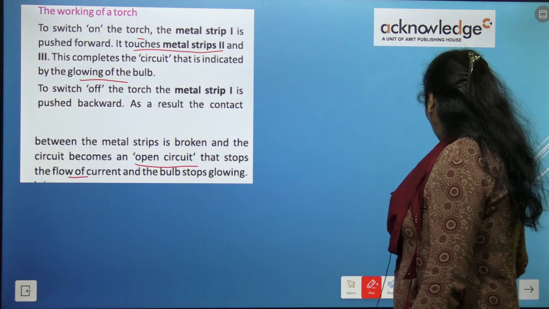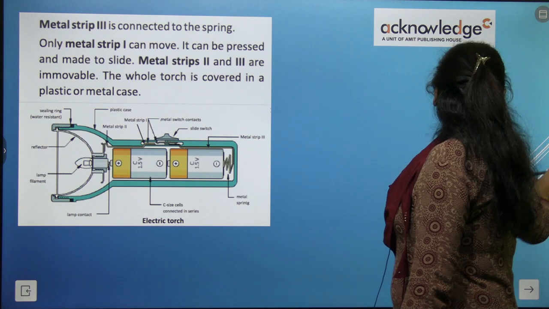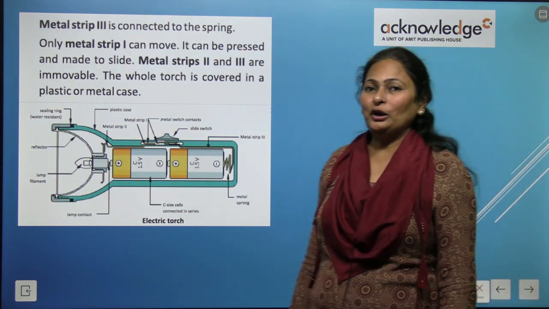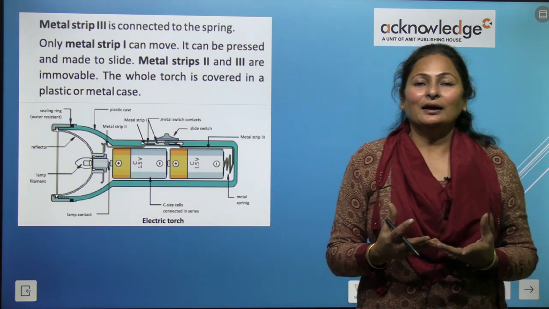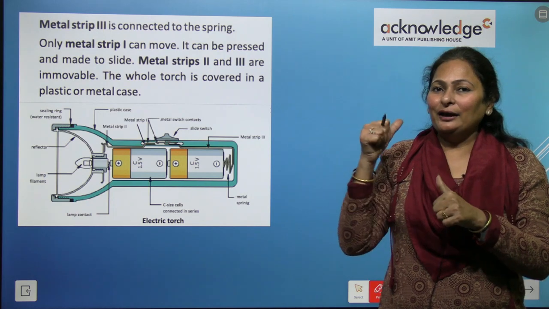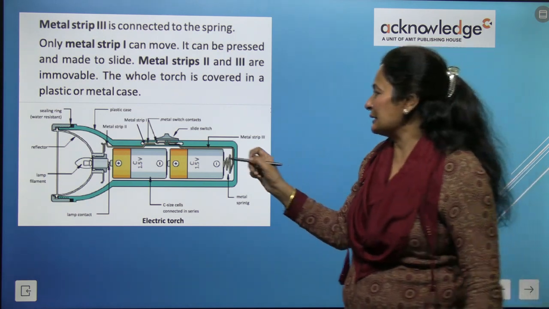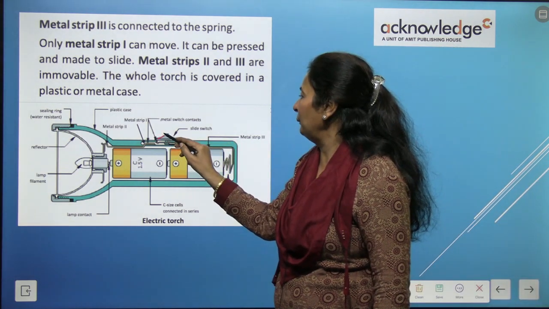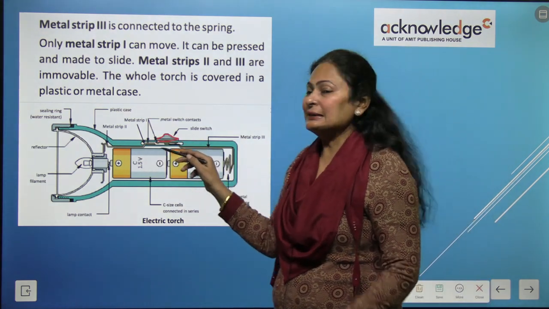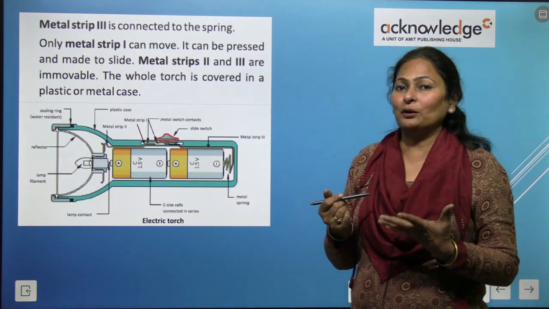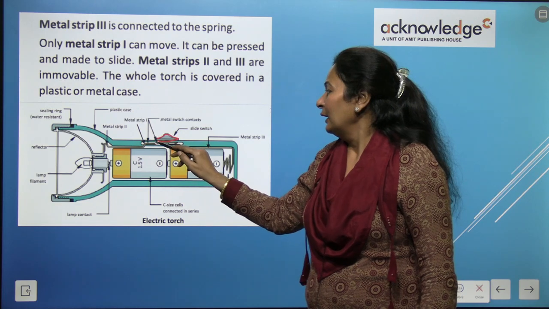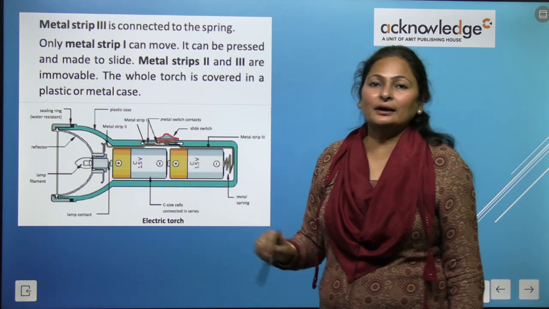So again move back to the torch. We have seen the metal strip, as I told you, it is actually 1 and it is broken into 3 parts. So when we are pushing this slide button in the forward direction, you can easily see in your textbooks that the metal strip is broken here, right?